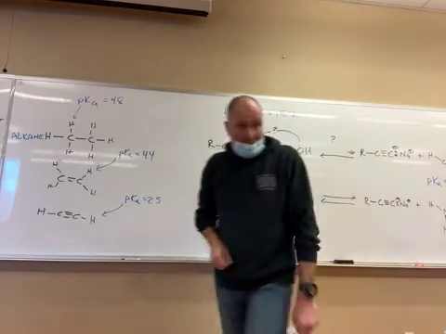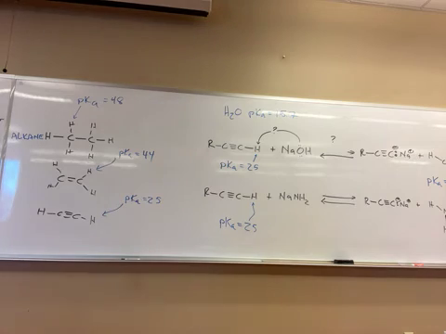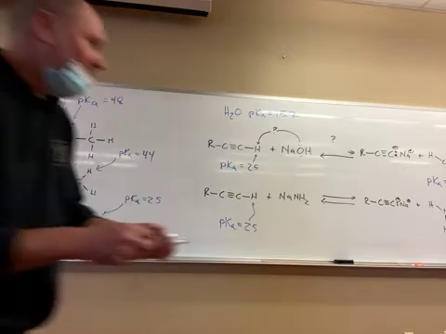So when I go to my table, let's see if we can find it. I don't see it. Do you see it anywhere? They have NH3 and NH2. Do you see it? What is it? 38. Nice. Holy cow.